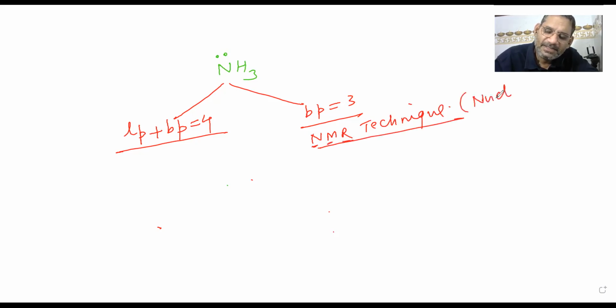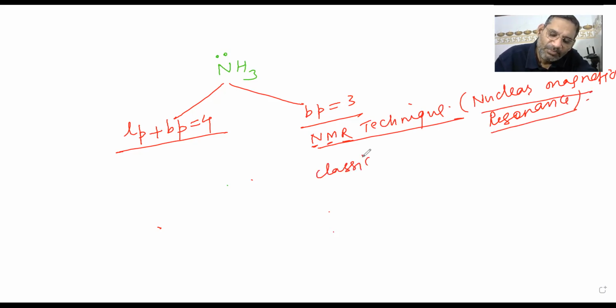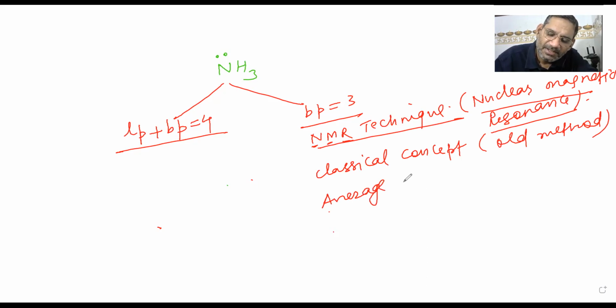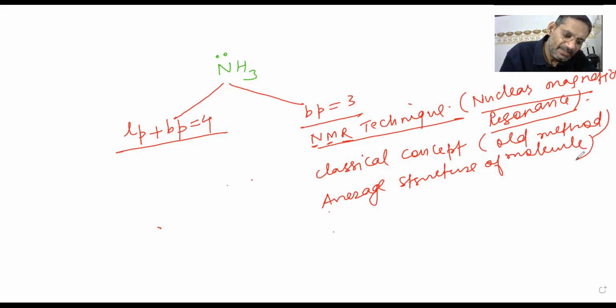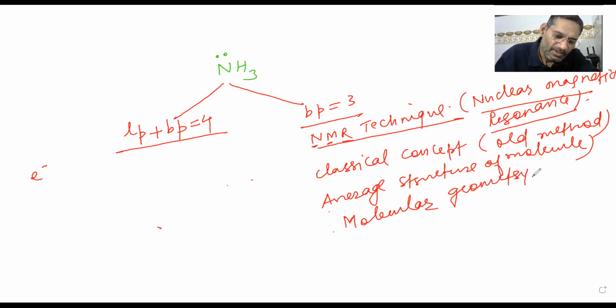Nuclear magnetic resonance is a classical concept, an old method, and this will give you the average structure of the molecule. This will give you molecular geometry only. What about this one?